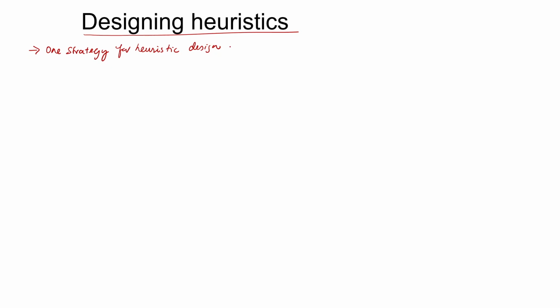Okay. Relax the problem. Okay. Relax the problem, one of the strategies. What is it? When you say relax the problem, what is it? This means make it easier. In a simple sense, it is called make it easier. Okay. So, that is one of the easiest ways.